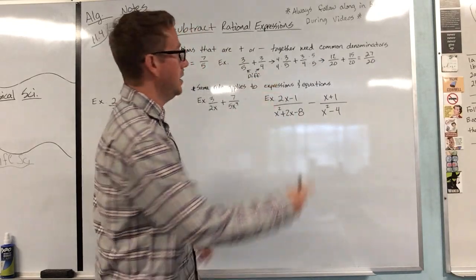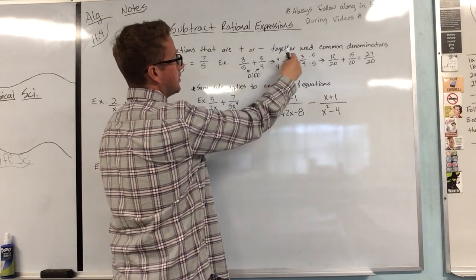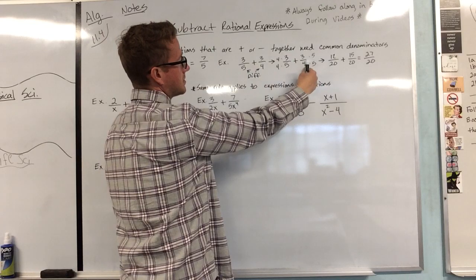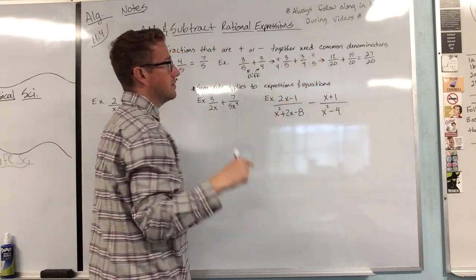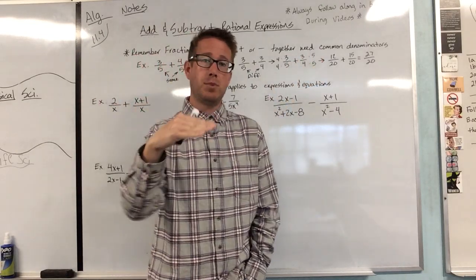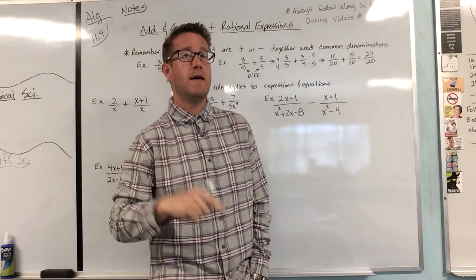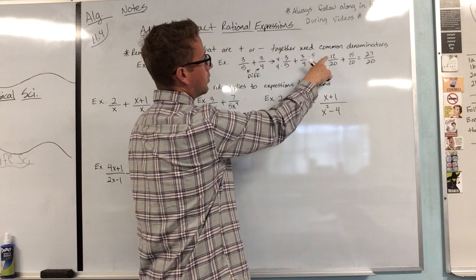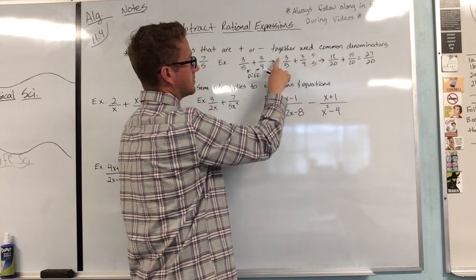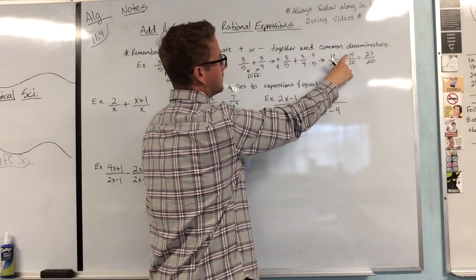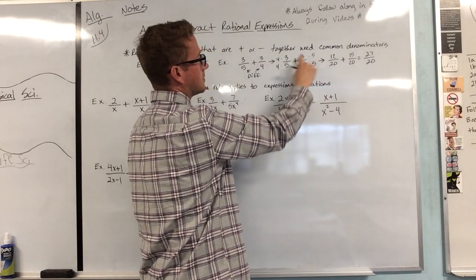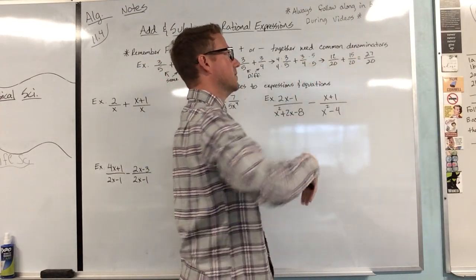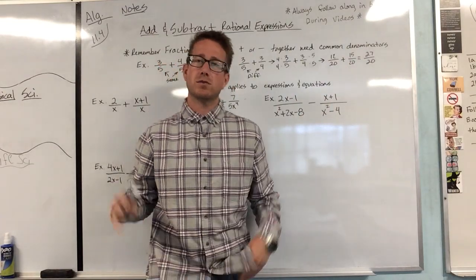Multiply them together. If I take every number on this side and multiply it by the 4, and every number on this side and multiply it by the 5, key thing, what you do to the bottom, you have to do to the top. Then let's see what we get. We're looking at now a 12 over 20, because 3 times 4, and a 15 over 20, because 3 times 5. Then you can proceed, and 12 plus 15, you're looking at 27 over 20, and you're good.